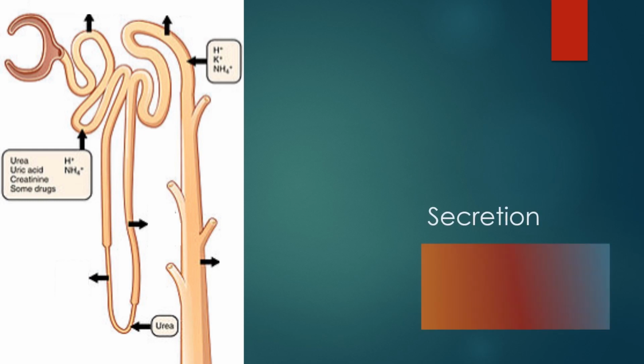So the next process that we got is secretion. And so what is secretion? Think of the body as pumping things into the pee, right? So look, I don't want all this urea, uric acid, creatine, drugs, acid, ammonia in my system. So I'm going to pump this into my pee because we didn't filter enough of this stuff out of my blood.